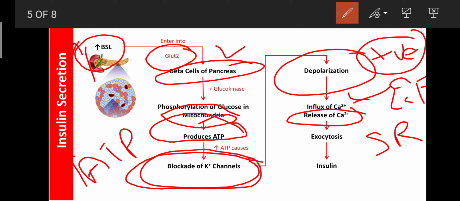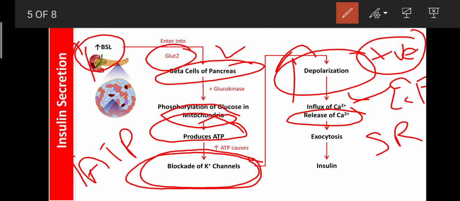When the cell requires calcium to show its action, at that time the calcium is released from the sarcoplasmic reticulum. This release mainly depends upon the depolarization. As the depolarization increases, the sarcoplasmic reticulum releases the calcium.